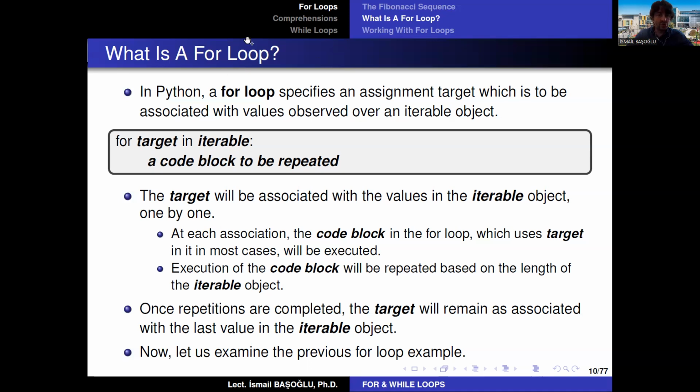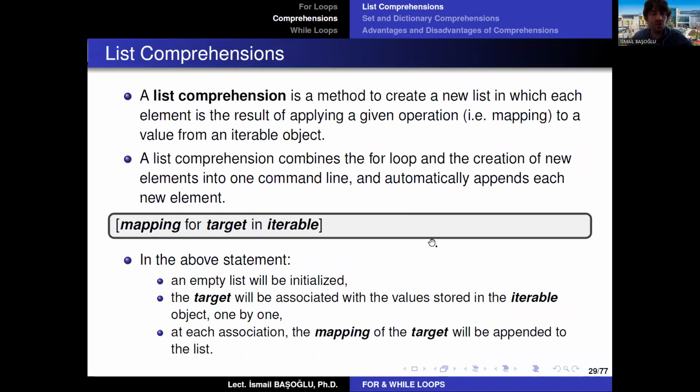Now, what is comprehension then? Is it different than a for loop? My friends, definitely different than a for loop, but it uses for loops in it. Okay, in comprehensions, we are using for loops to create a certain object. Now, in general, for loops are not necessarily used for creating a certain object.